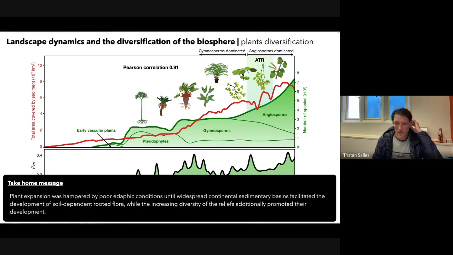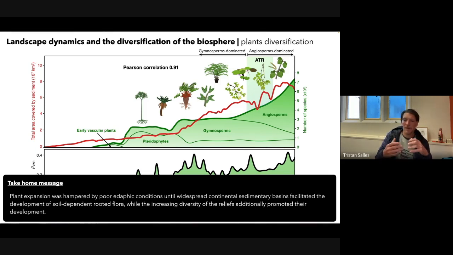So to conclude on that, what we think is that the marine diversity is directly scaled to sediment flux, and sediments in this case, which are brought by rivers, are also a good proxy for nutrients.